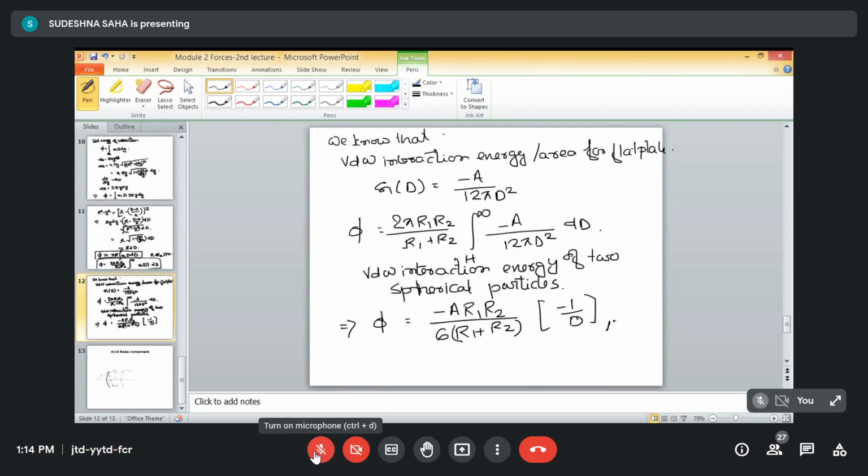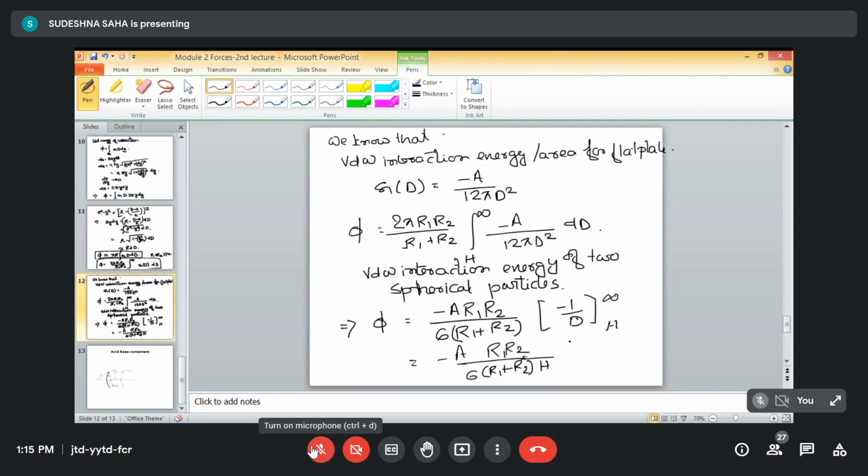This will go from h to infinity, so we can write it as minus A r1 r2 divided by 6 times r1 plus r2 into h, where h is the minimum distance between the two particles.